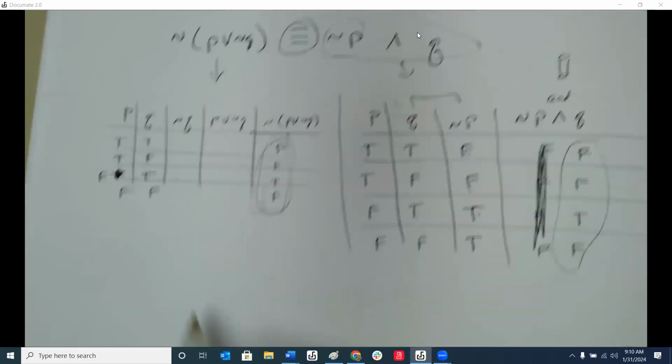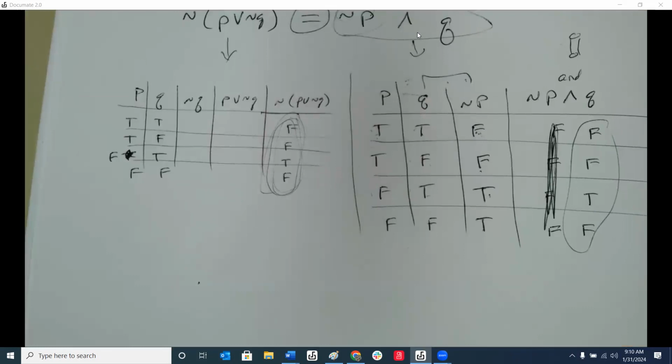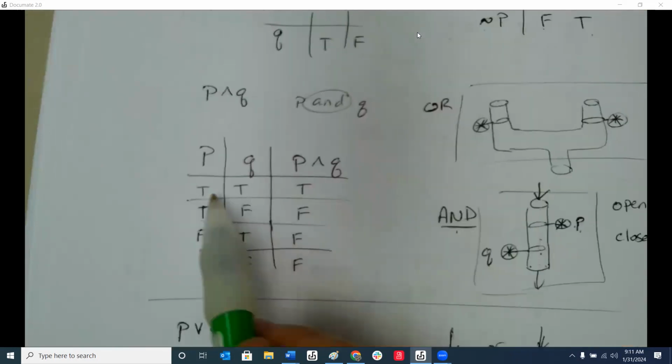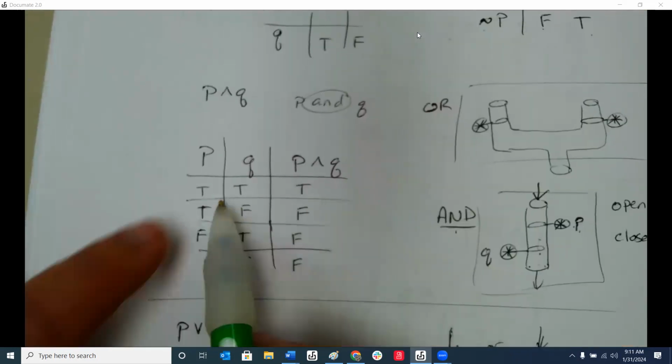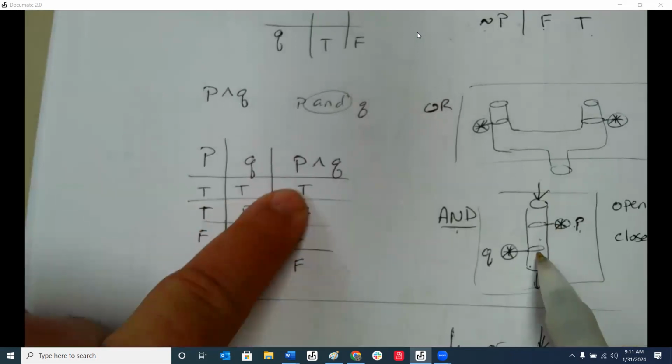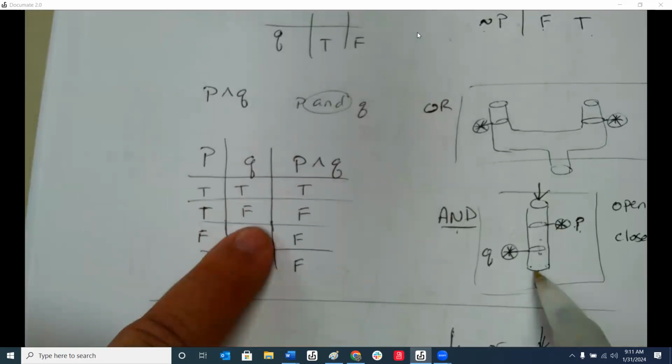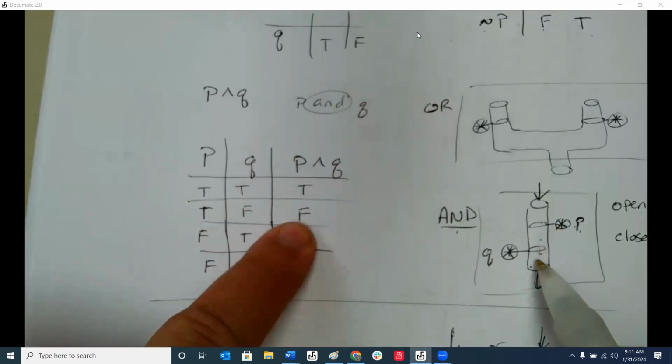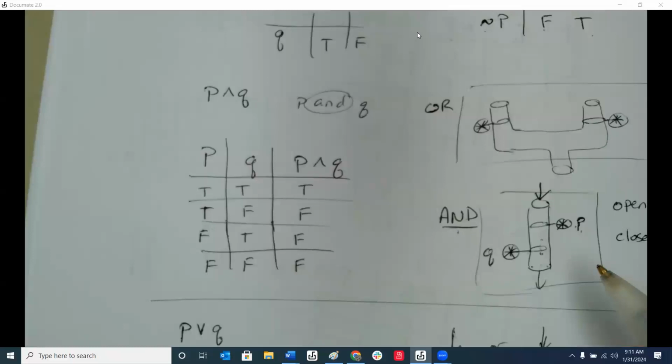And then from there, for the and statement, once we get the true and false possibilities, we look at if they're both open, then water comes out. If one of them is closed, water can't come out. So that's how you look at it. You have to look at each one conditionally as separately.